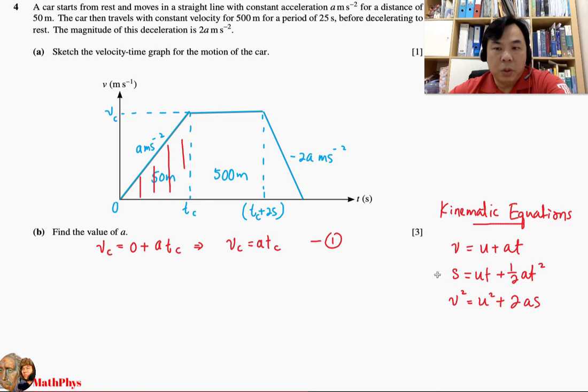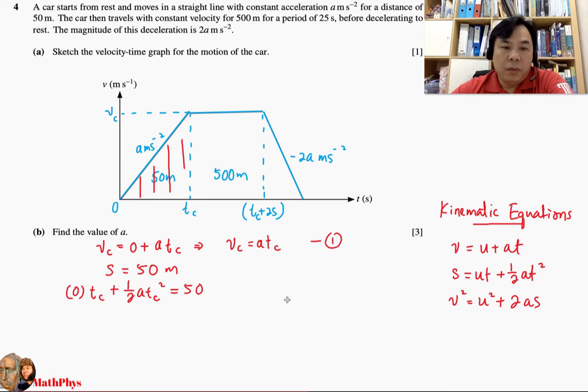Later I'm going to show you another way to obtain the answer without having to rely on the time itself. Okay, so here I'm going to use the displacement is 50 meters, and this displacement would be given by initial velocity was 0, times TC, plus half A TC squared, should be equal to 50 here.